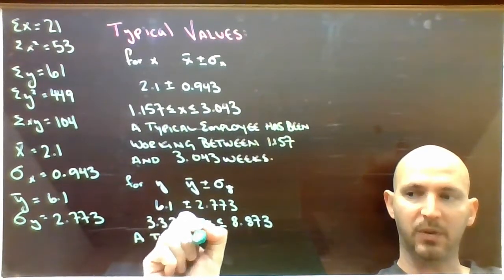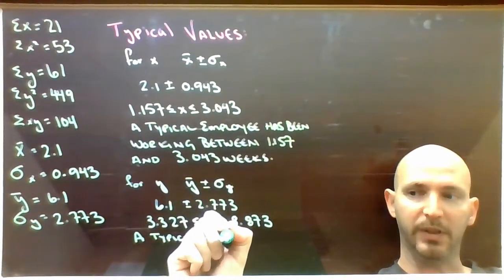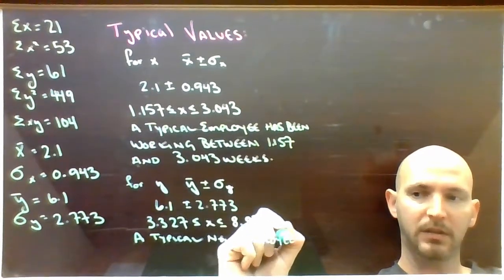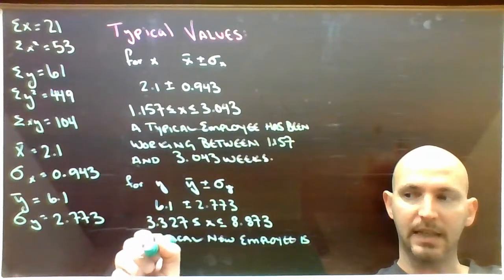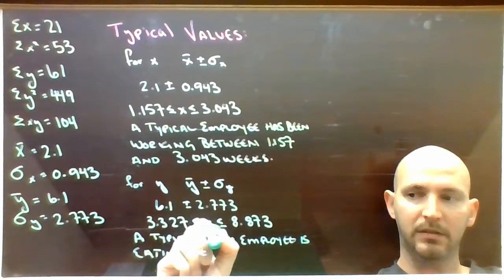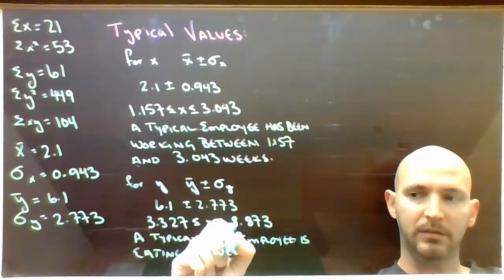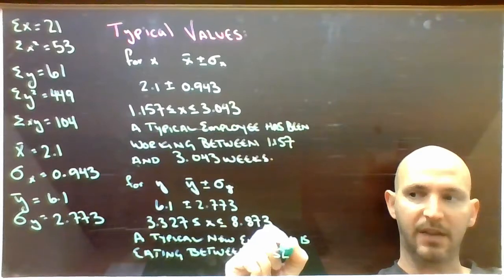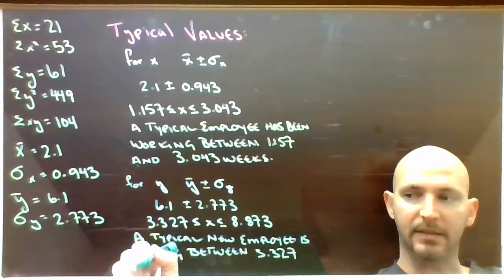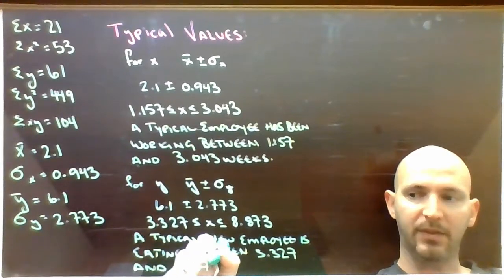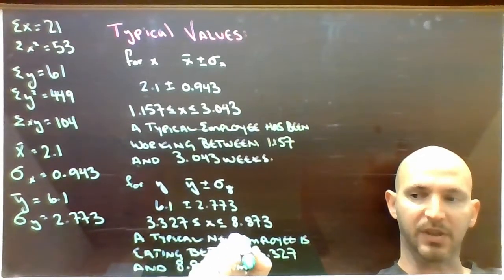A typical new employee is eating between 3.327 and 8.873 Timbits per shift.